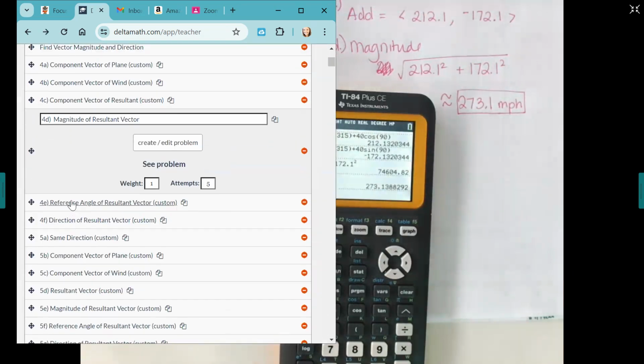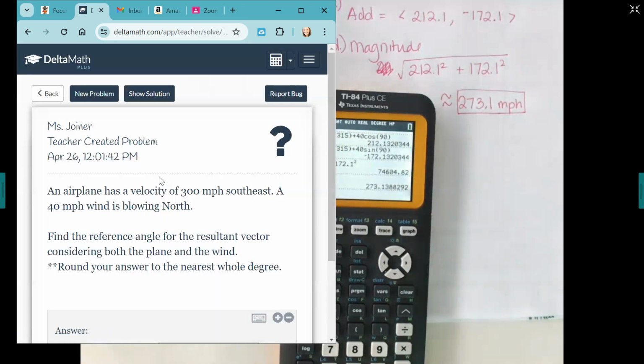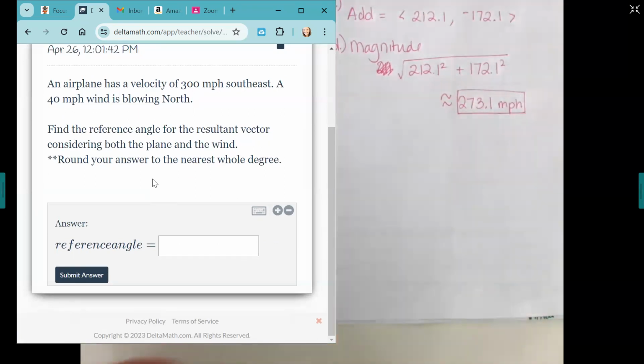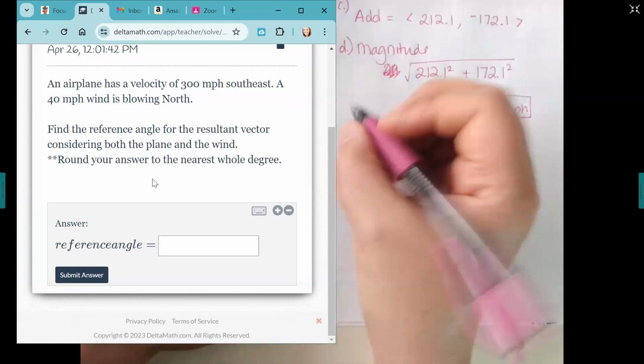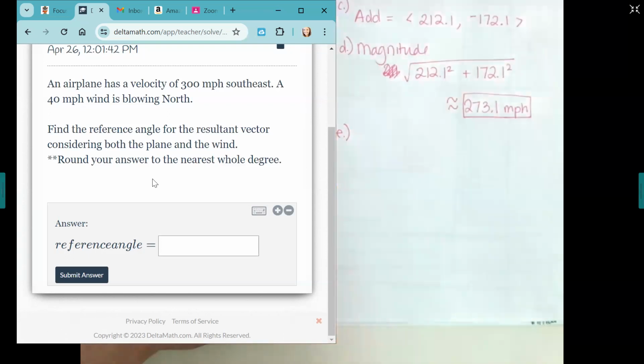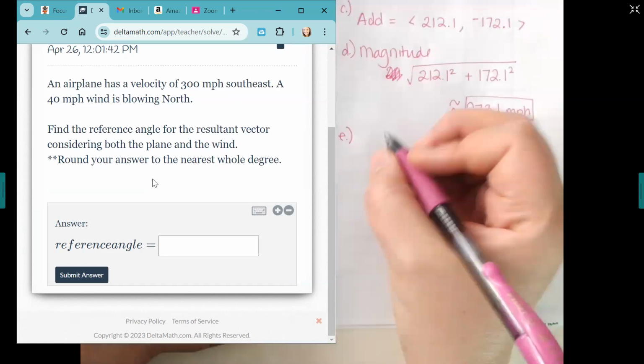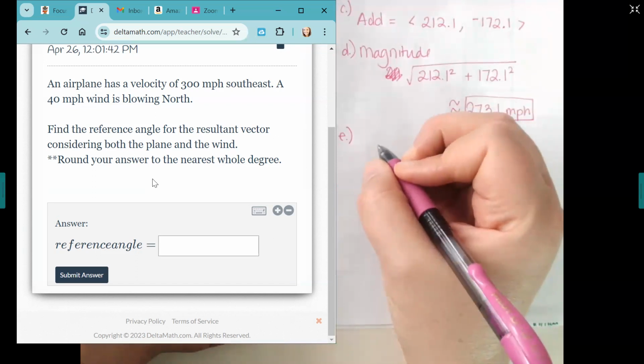And then the last two questions are about direction, but it's gonna have you put the reference angle first to check to see if it's right, and then your very last question will be direction. So for part E, how do I find the reference angle? I will need the quadrant for direction, but which of the trigs do I use? Sine, cosine, or tangent?